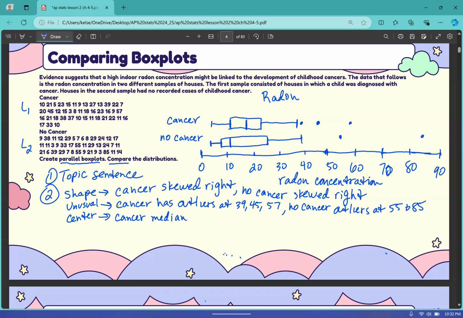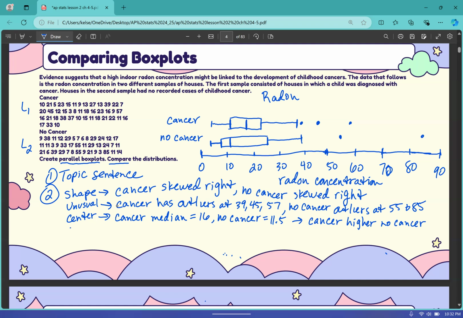For Cancer, it was 16, and for no Cancer, it was 11.5. And then you have to give a comparison. So the median for Cancer was higher than no Cancer.